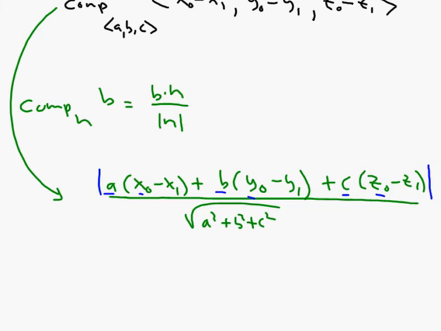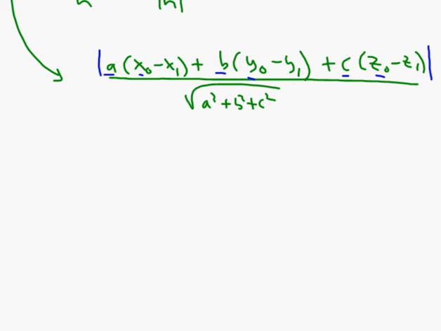We can simplify this a little bit, because if we take the time to distribute a onto both of these, and then b, and then c, these pieces here that I've underlined will turn into a single constant, or just one number. So I'm going to give that number a name.